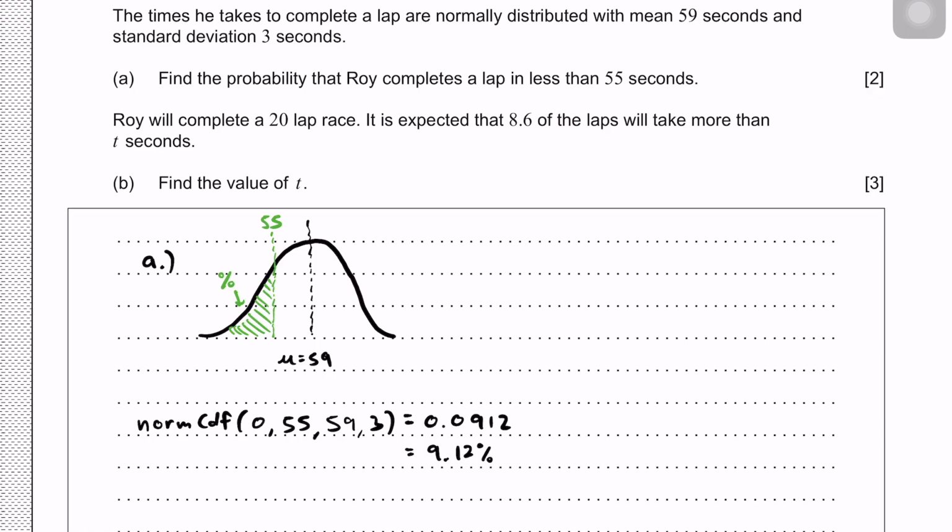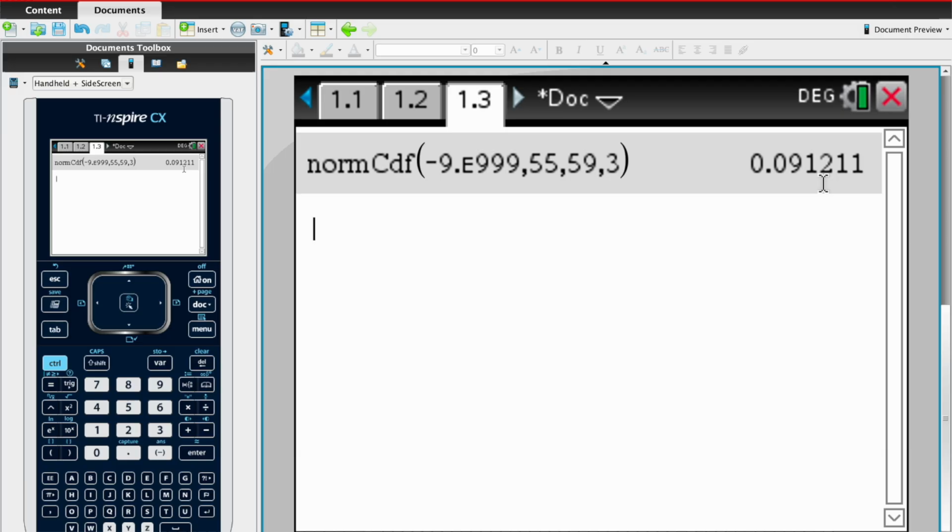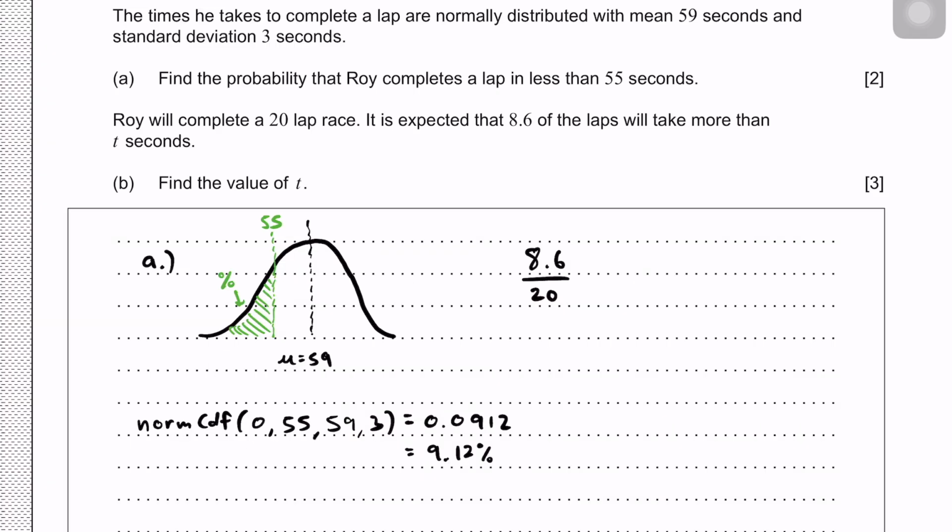So Roy's going to complete 20 laps, and 8.6 of the laps will take more than t seconds. So we do have some kind of ratio or fraction. We know that 8.6 out of the 20 laps are going to take longer than a certain amount of time. So let's work that out. 8.6 divided by 20. First as a decimal, this is equal to 0.43, or if we wanted to, we could say 43%.